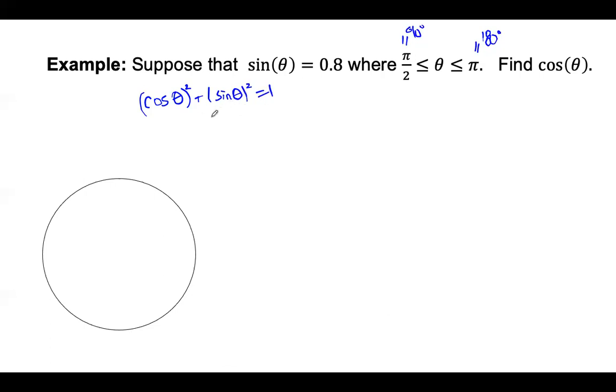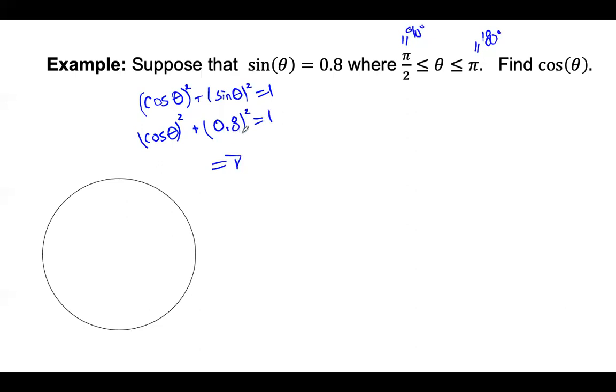Now we can rearrange. We know sine of theta equals 0.8. So we could plug that in, 0.8 squared, and then we could do some math.